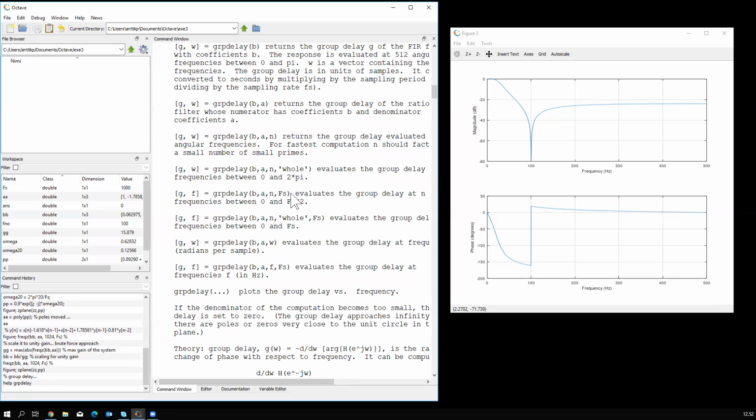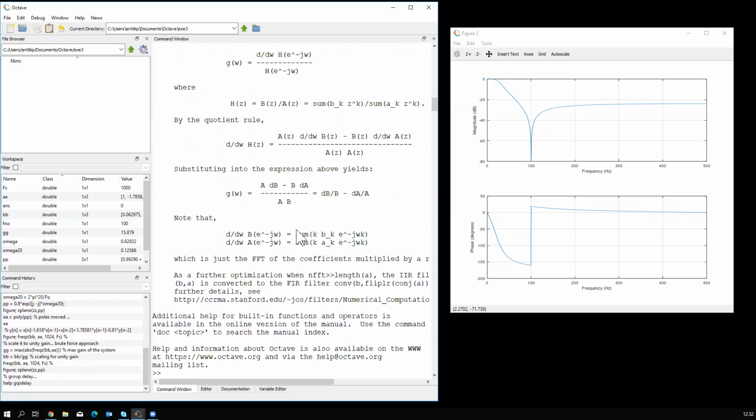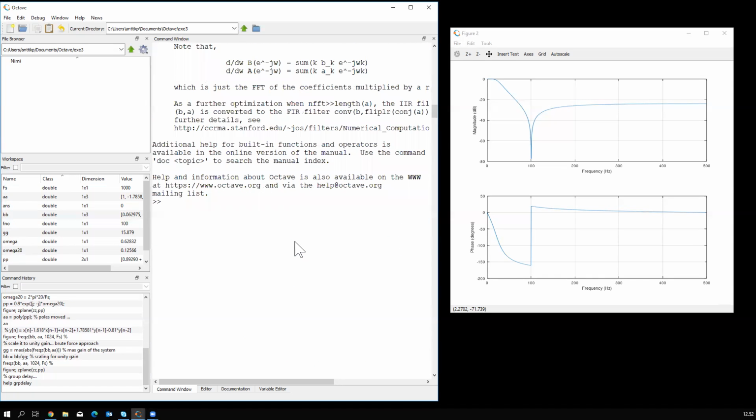Wow, I can actually calculate the group delay just like that, and it has to be given a number of points and sampling rate. That's nice. So we have these parameters, system coefficients B and A, which are system coefficients for the difference equation, exactly the same in the transfer function. You can use those to calculate the frequency response. You can directly call z-plane with those parameters to check where the zeros and poles are, and for group delay.